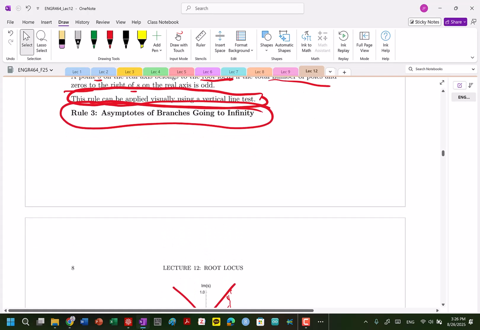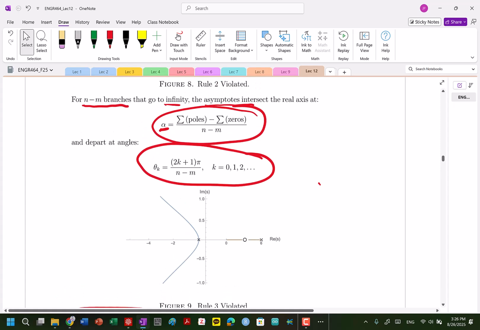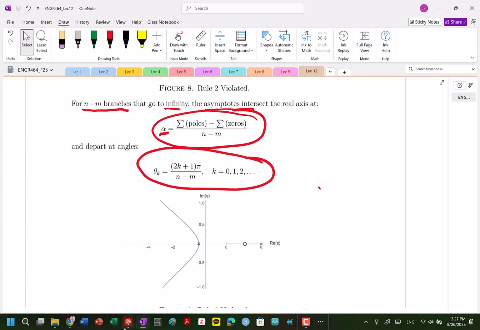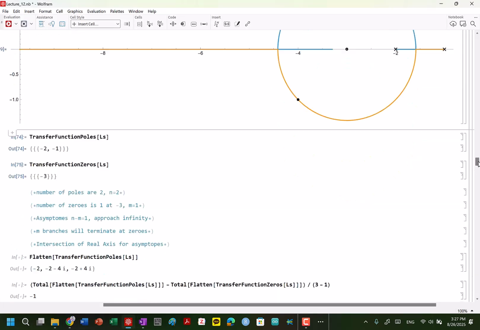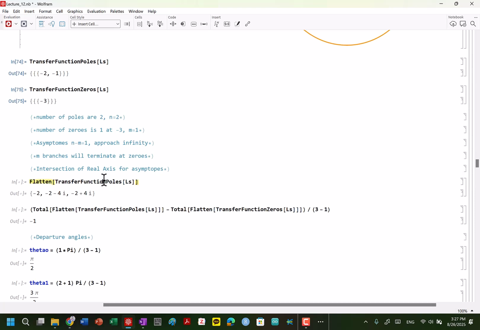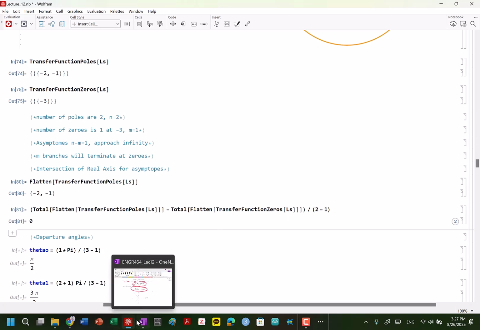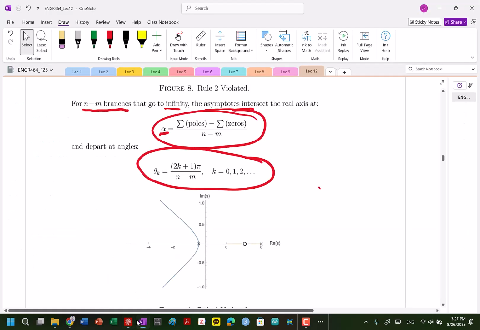What about rule 3? Asymptotes of branches that go to infinity. Let's calculate that. I want the sum of the poles minus the sum of the zeros, divided by n minus m, so 2 minus 1. The asymptotes will intersect the real axis there.